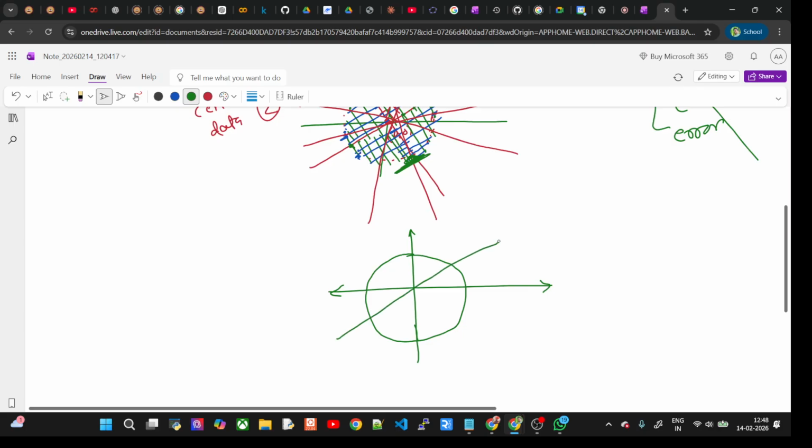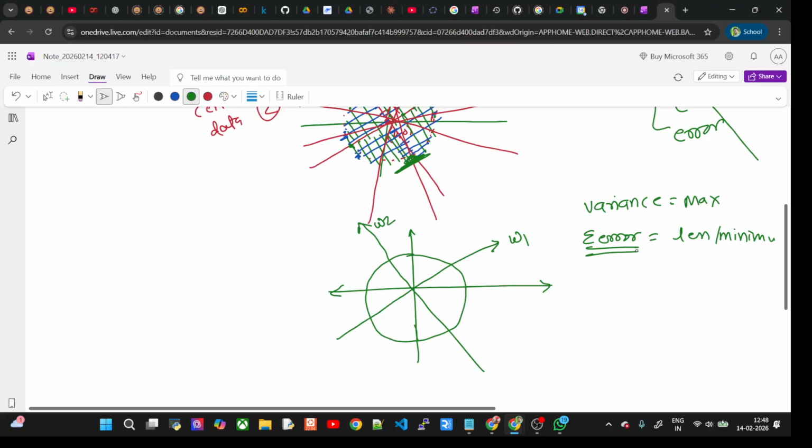So if I have this line with W1 and this line with W2, what are W1 and W2 calculating? Variance. Variance should be maximum, and the sum of error should be minimum.